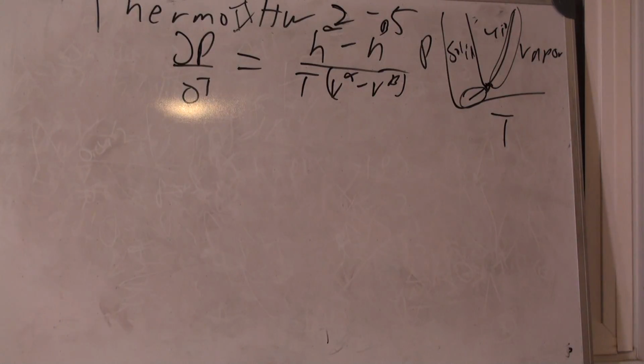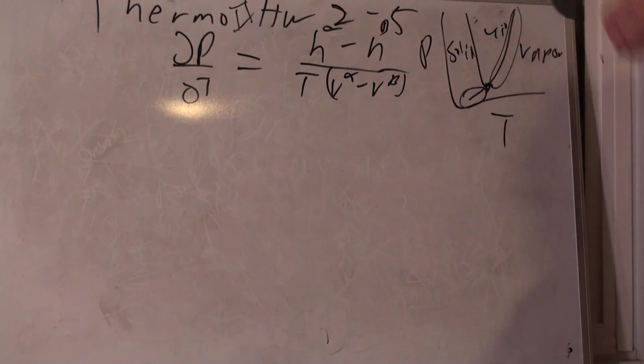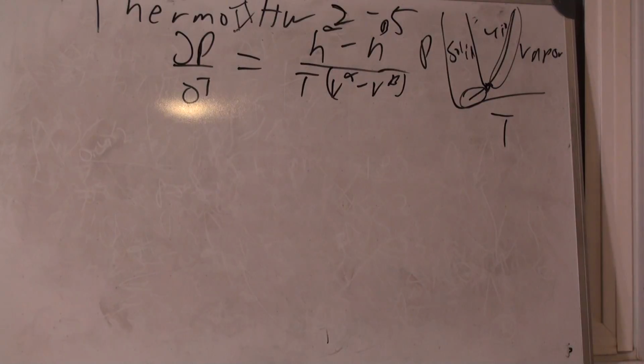It's where they meet. I have 2 lines and they intersect at the triple point, because at the triple point, things are sublimating at the same time that they're boiling, because I have all 3 phases.